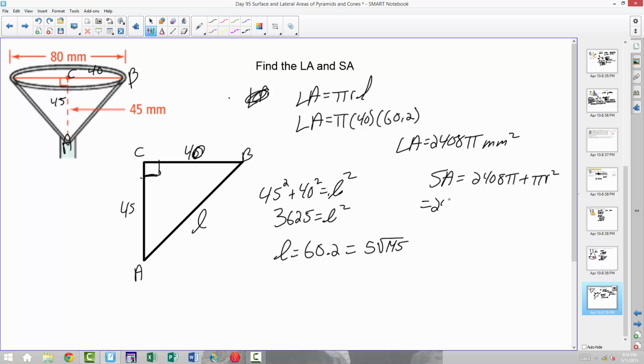So 2408 pi plus pi, radius is 40 squared, which is 1600. So I have 2408 pi plus 1600 pi. So 1600 and 2408 is 4008. So I have 4008 pi millimeters squared, and this is my surface area.